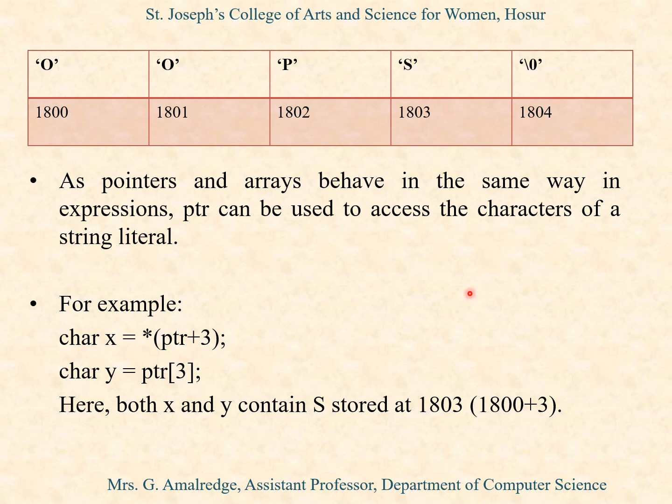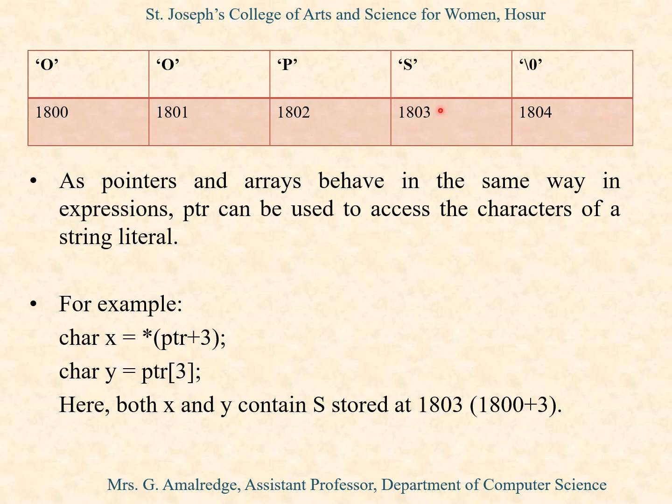As pointers and arrays behave in the same way in expressions, ptr can be used to access the characters of a string literal. In this example, char x = *(ptr + 3) and char y = ptr[3]. Here both x and y contain the value s, because ptr + 3, with the pointer's first value 1800, plus 3 is 1803.